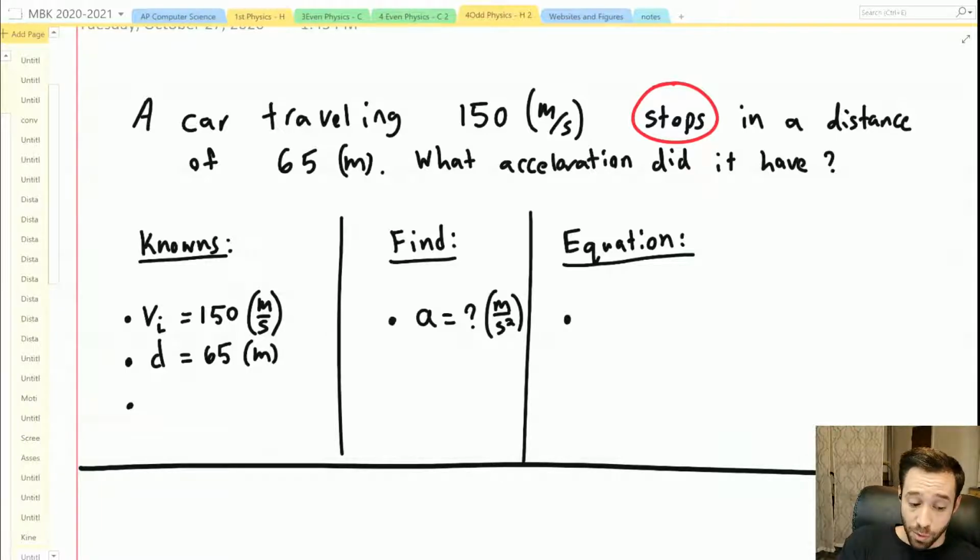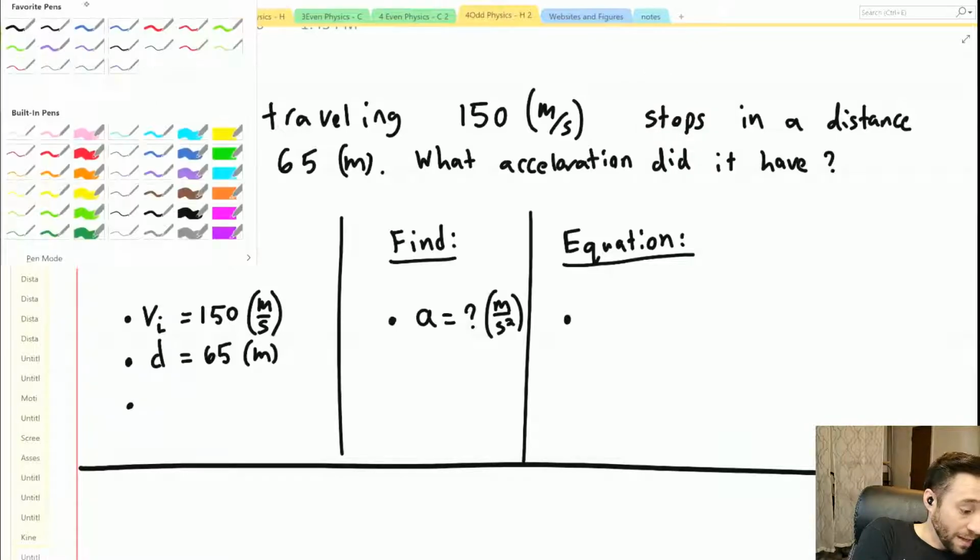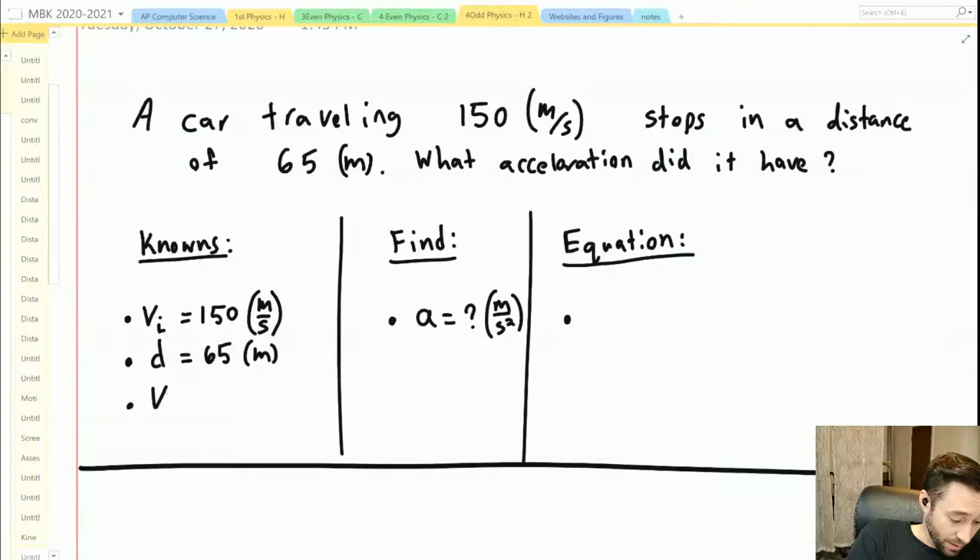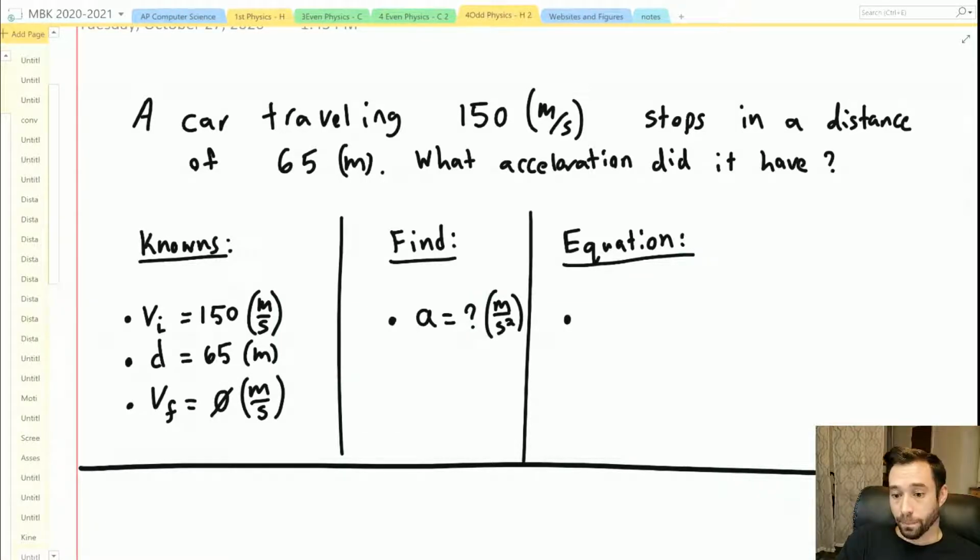What that's telling me is that when I finish this whole scenario, my velocity at that point is going to be 0. So that means that my final velocity in this case is going to be equal to 0 meters per second. Does that make sense? Yep. Okay.